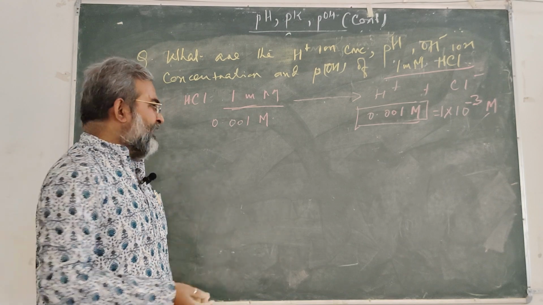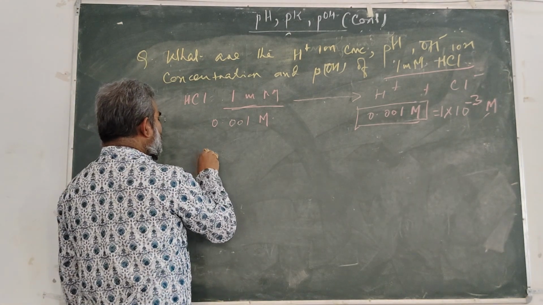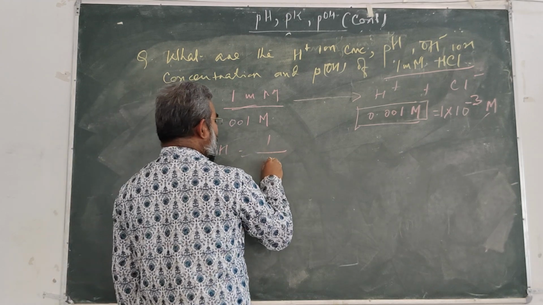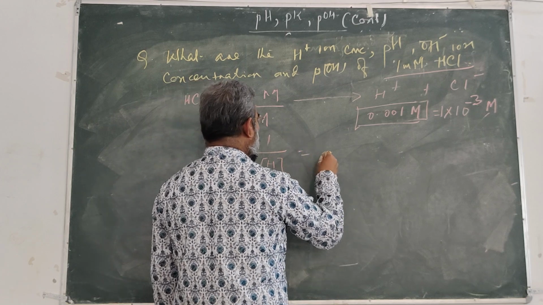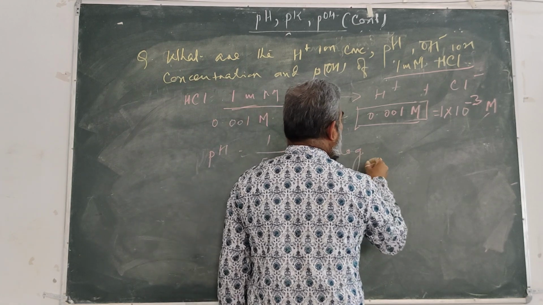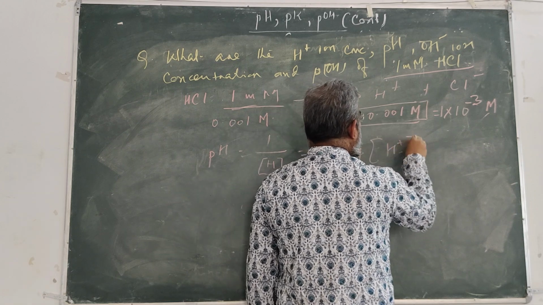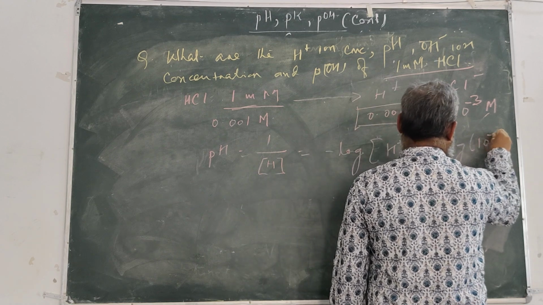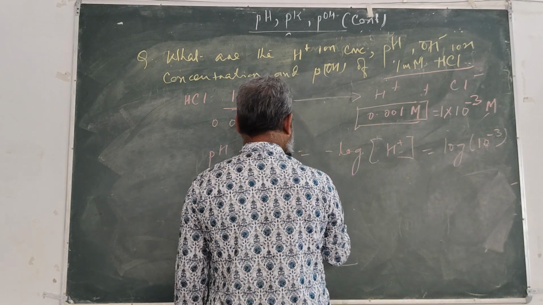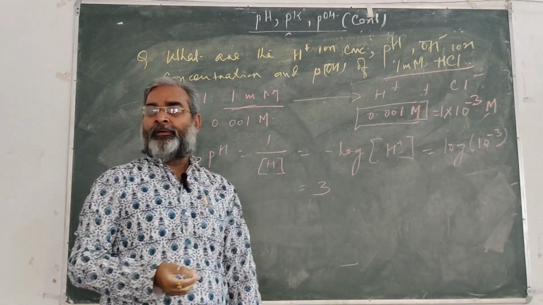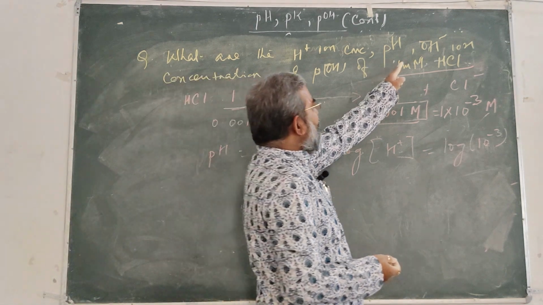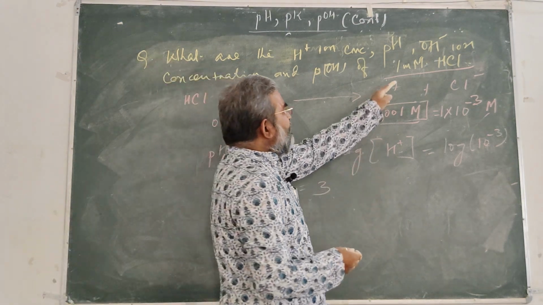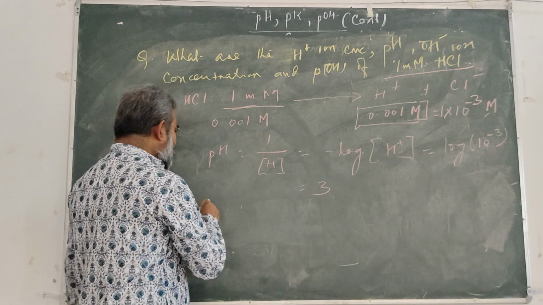Second one, what is the pH? pH is determined by 1 by H plus molar value, or minus log H plus value. That is minus log 10 to the power minus 3. That value becomes 3. That means the pH value is 3. Then what is the concentration of OH minus?